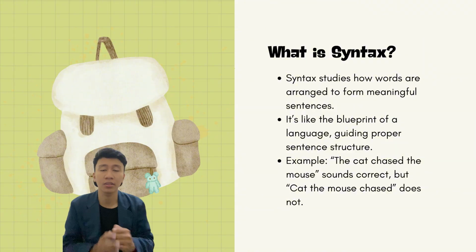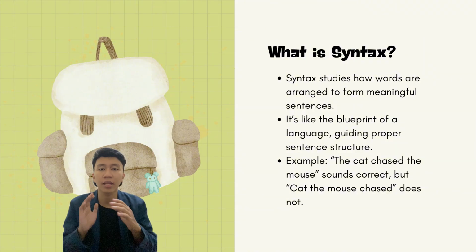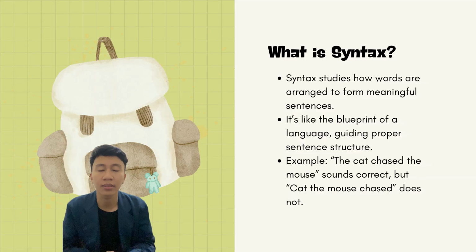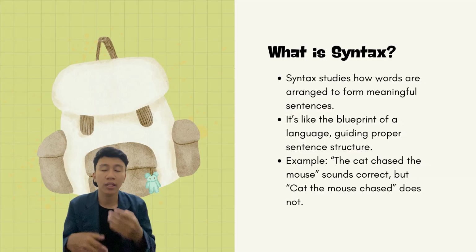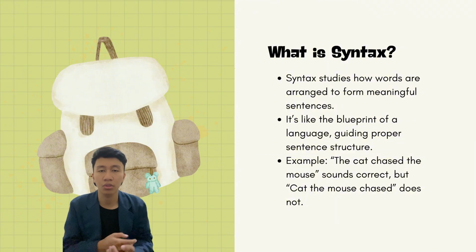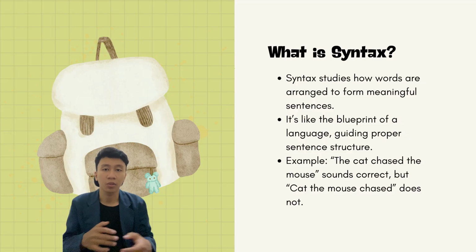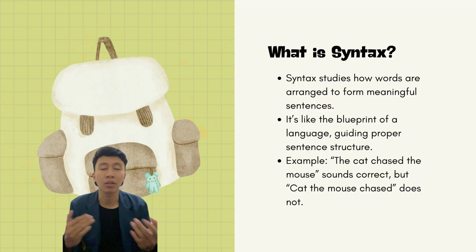So syntax is not just about knowing rules, it's about understanding the system behind how language works. It helps us organize words into a meaningful sentence, whether we're speaking, writing, or even learning a new language.